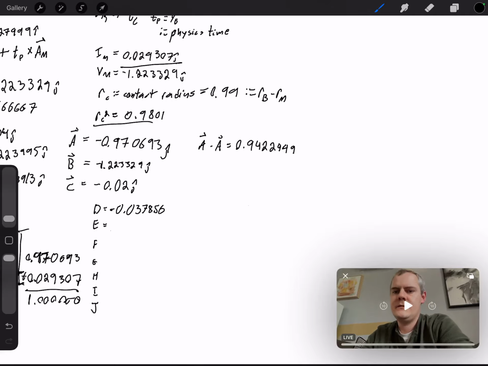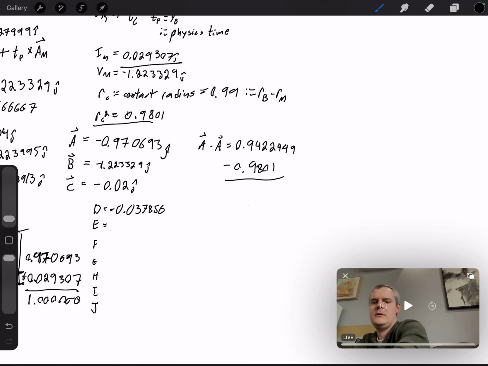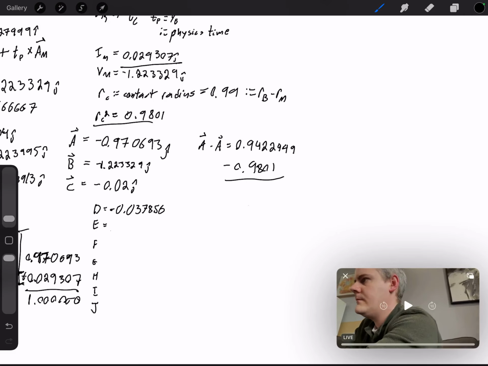So the difference, this minus 9801, and that's looking believable. I can get into this value, 0.9422449 minus.